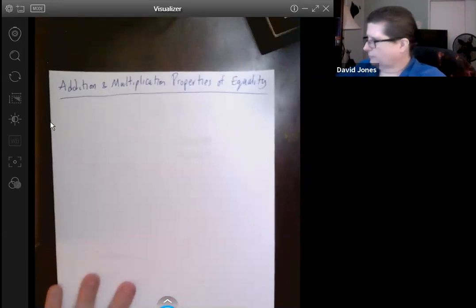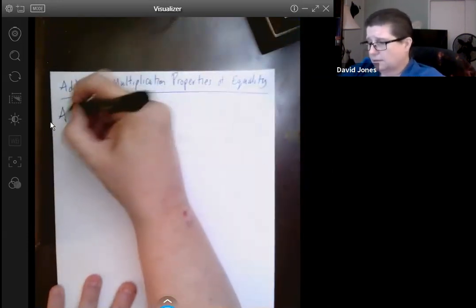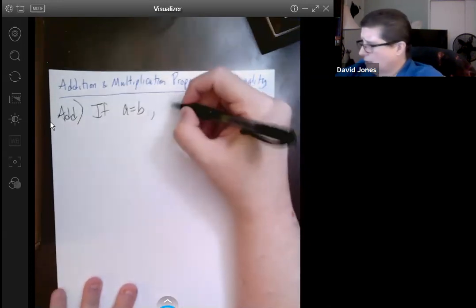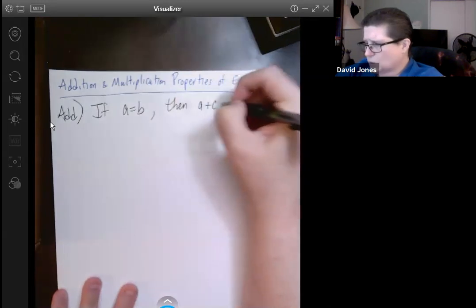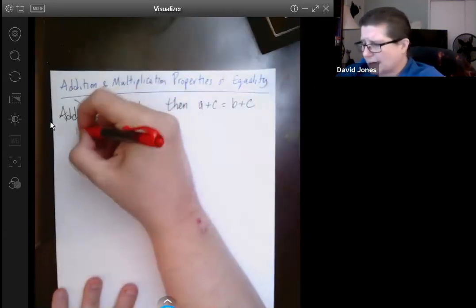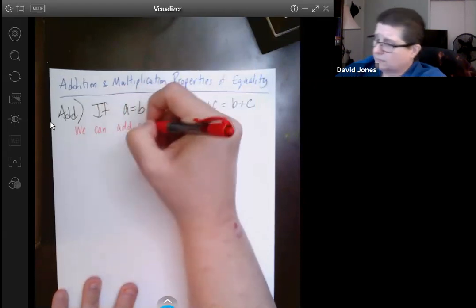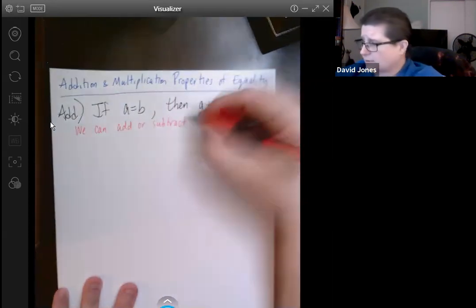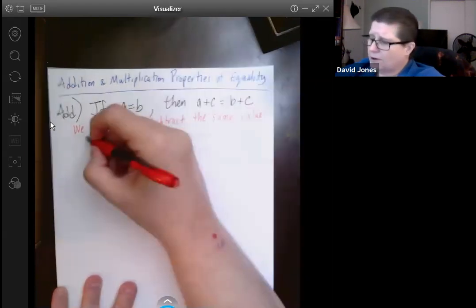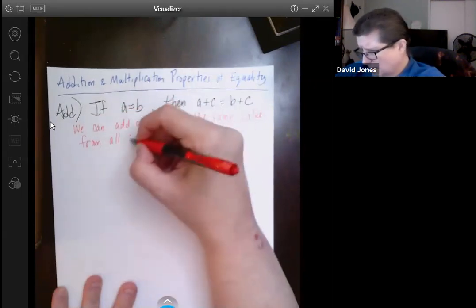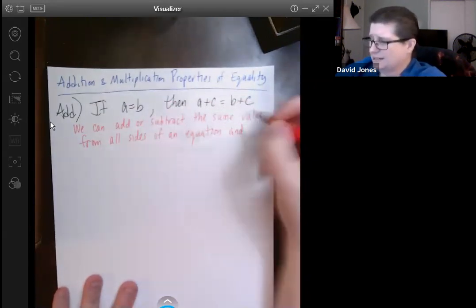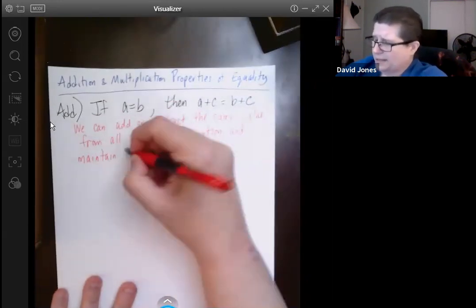So the addition one, if A equals B, then A plus C equals B plus C. What this means is we can add or subtract the same value from both sides of an equation, from all sides of an equation, and maintain the equality, still remains equal.